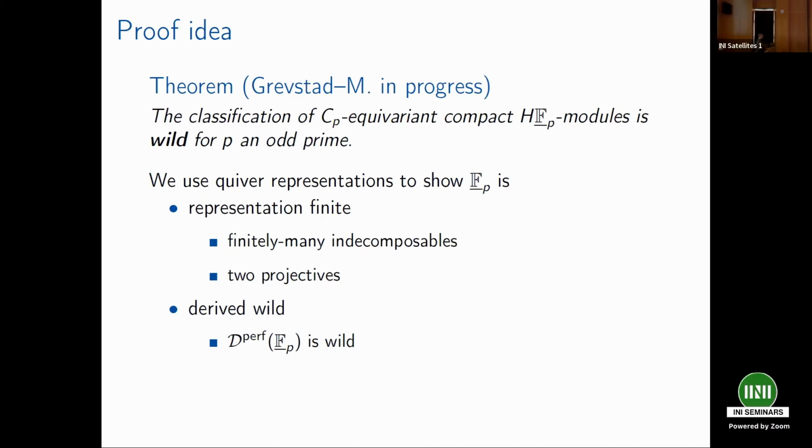I just wanted to ask naively, if you have lens spaces, can equivariant topology be set up in a distinguished way that reflects? That's a good question. And I don't know off the top of my head.